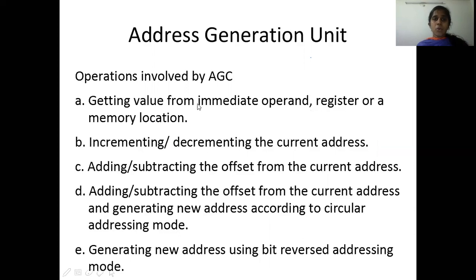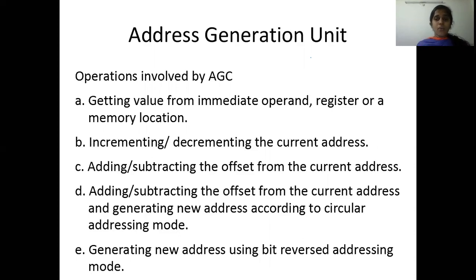Another operation is incrementing or decrementing the current available address, or adding or subtracting an offset from the current address. That offset can be added to or subtracted from the current address, and then generating the new address according to the circular addressing mode.